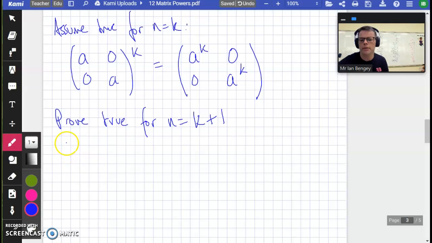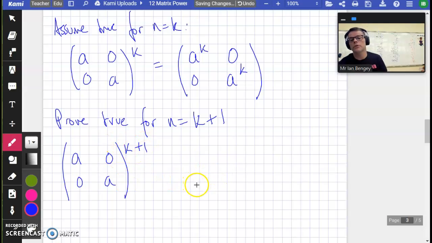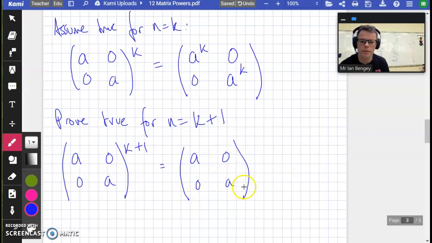So let's try that now. We're going to consider now [a, 0; 0, a] to the power k plus 1. I'm going to try and show that that's equal to a to the power k plus 1 in the diagonal positions of the matrix. So how do we do it? Well, we know that that's got to be equal to [a, 0; 0, a] to the power k multiplied by [a, 0; 0, a] to the power 1.